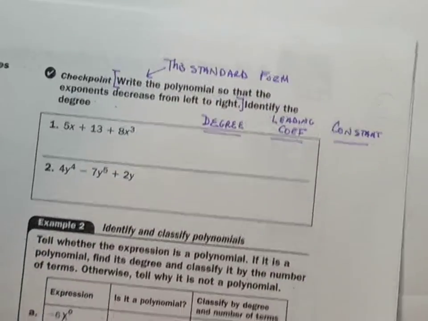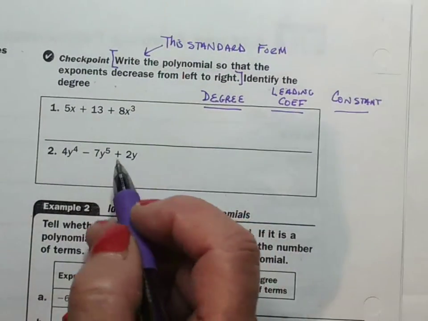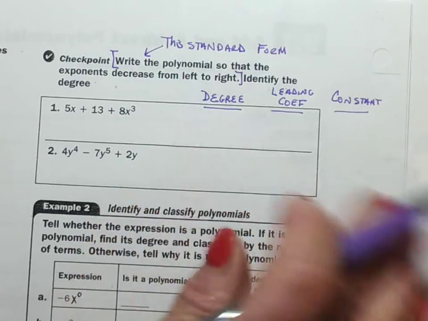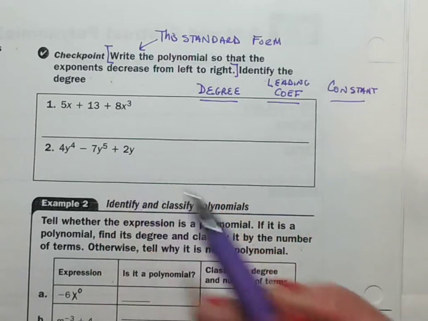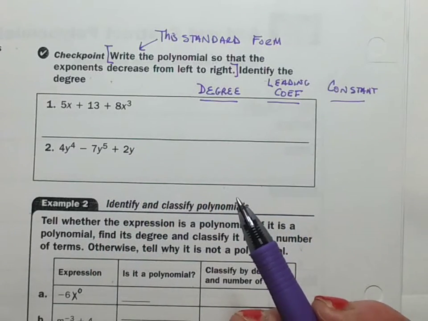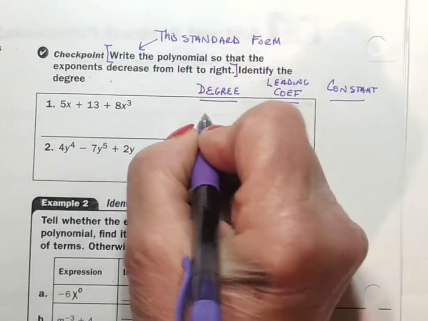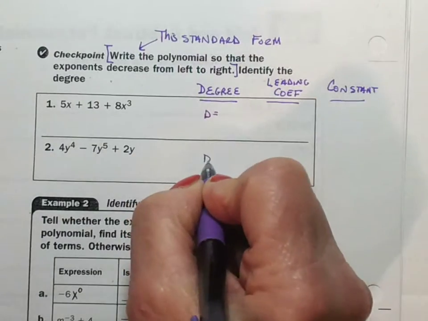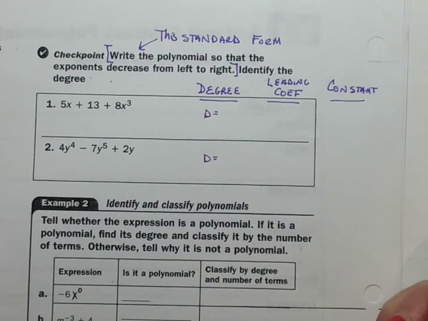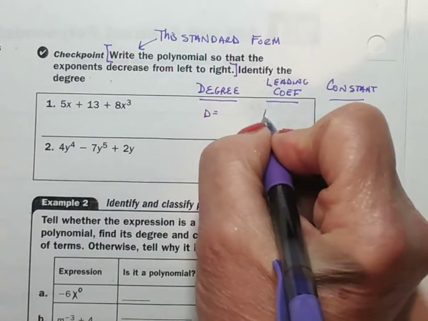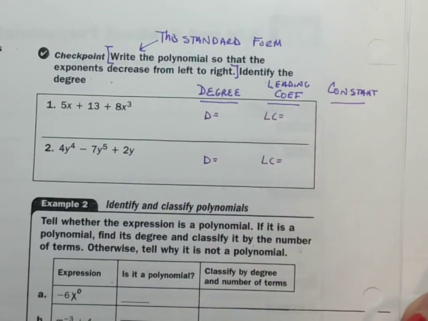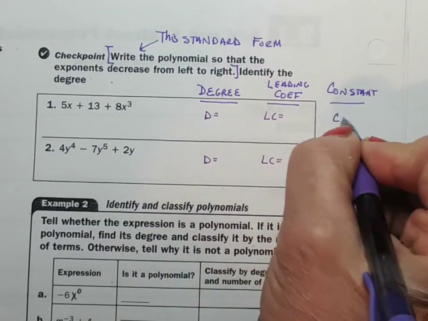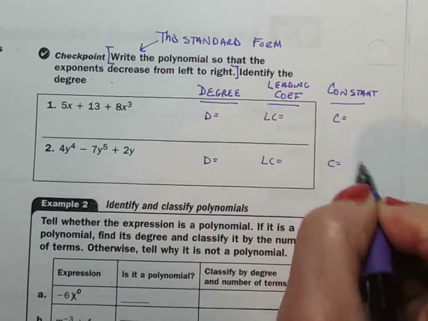There's a lot of definitions in this section. So here are a few checkpoints. The first thing I want you to do is take these two polynomials and write them in standard form. Then I want you to tell me what the degree is for each, what the leading coefficient is for each, and what the constant is for each.